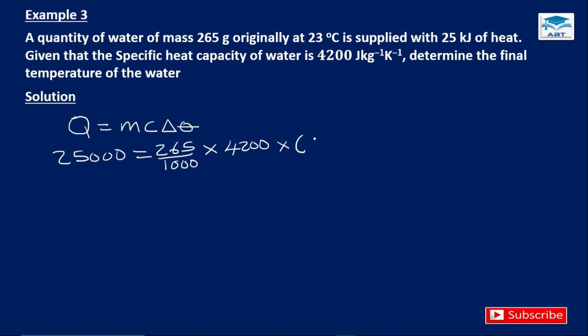So the change in temperature is going to be final temperature, theta 2, minus initial temperature, 23 degrees Celsius. So here we have 25,000 is equal to, this would give us 0.265 times 4200 times change in temperature.